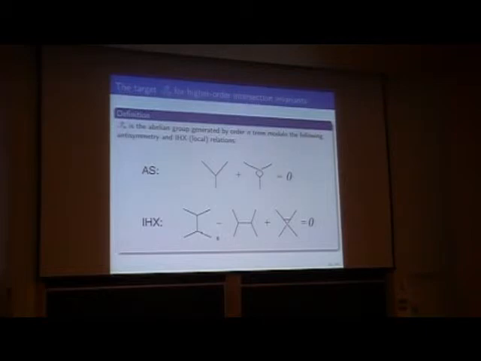And the same for this IHX relation, which behaves like a Jacobi relation. It's analogous to the Jacobi relation. So these univalent vertices are a fixed tree here, fixed tree there, fixed tree there.